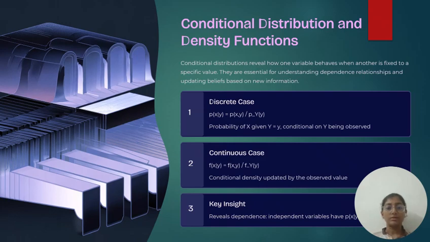For the discrete case, p(x|y) equals p(x,y) divided by p_Y(y), the probability of X given that Y equals y, conditional on Y being observed. For the continuous case, f(x|y) equals f(x,y) divided by f_Y(y). It reveals independence: independent variables have p(x|y) equal to p(x).